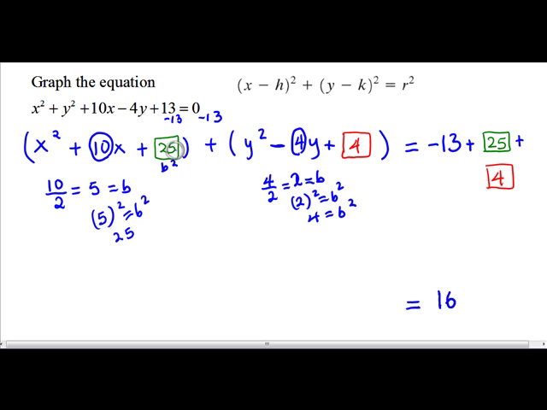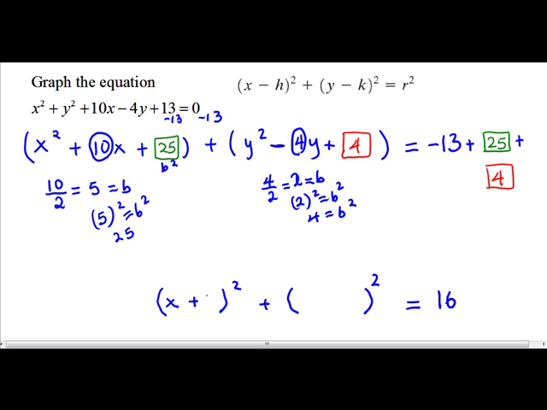Over here, we know these are perfect squares, so we can rewrite them like this. That's first for x and this is for y. For the x, we put the x down here, because this plus dictates that we have plus there. Now this term is always b. So b was 5; b is always half of this number here.